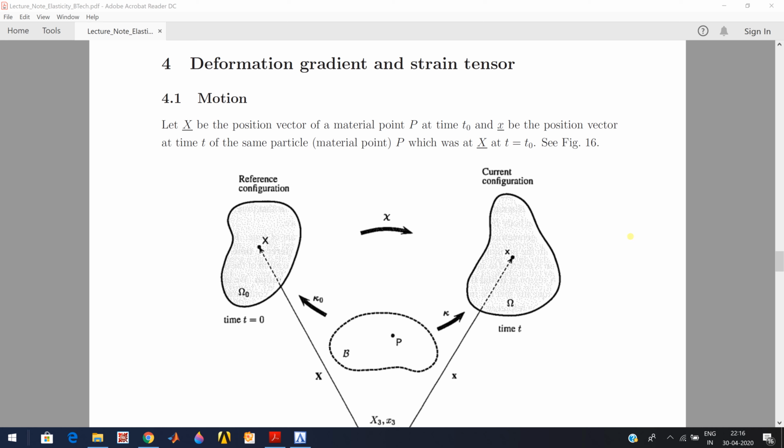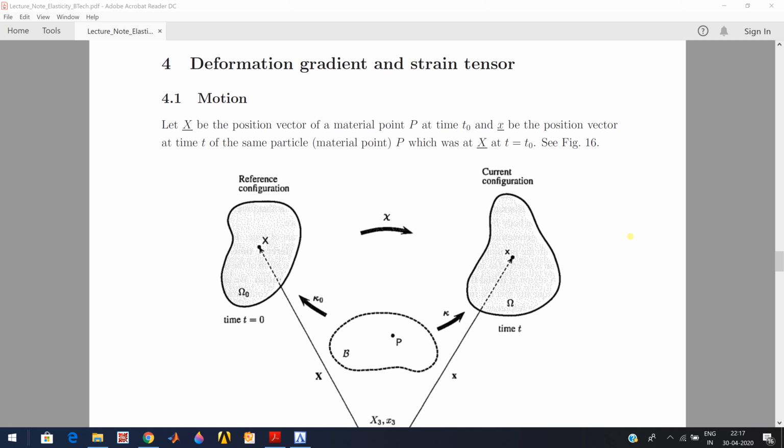In your last few lectures, I have discussed the concept of stress in detail. So today's lecture, I'll spend mainly to discuss the concept of strain tensor.